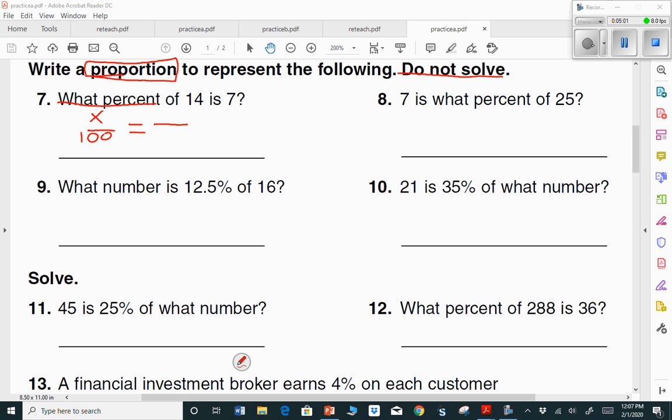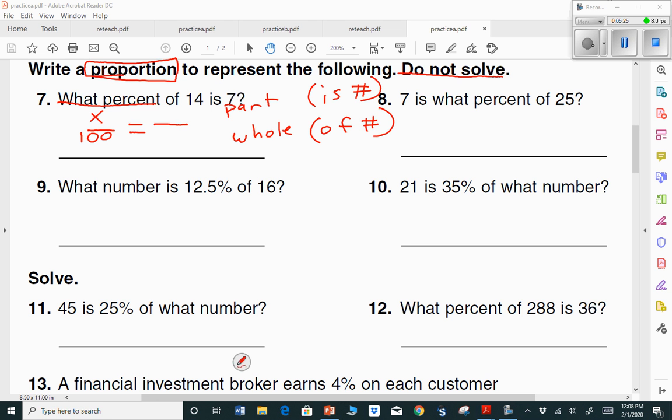Okay, then over here we need to put the part on the top and the whole on the bottom. Another way of looking at that would be a lot of times the whole is what I call the of number. Of oftentimes comes in front of that number, and the part is often the is number. Now that doesn't work every single time.